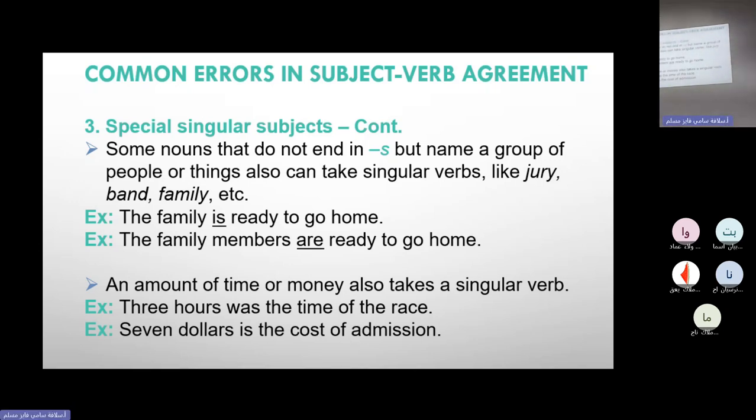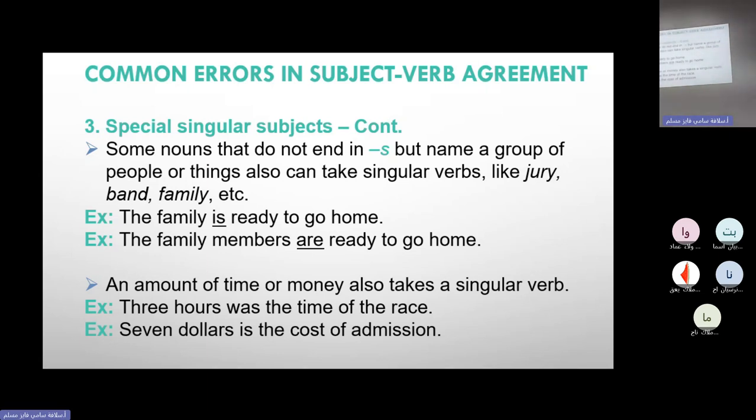Some nouns, sorry, do not end in S but name a group of people. Okay? Some words do not end in the plural S but they are collective. They are plurals. Or things also can take singular verbs, like jury, band, family.